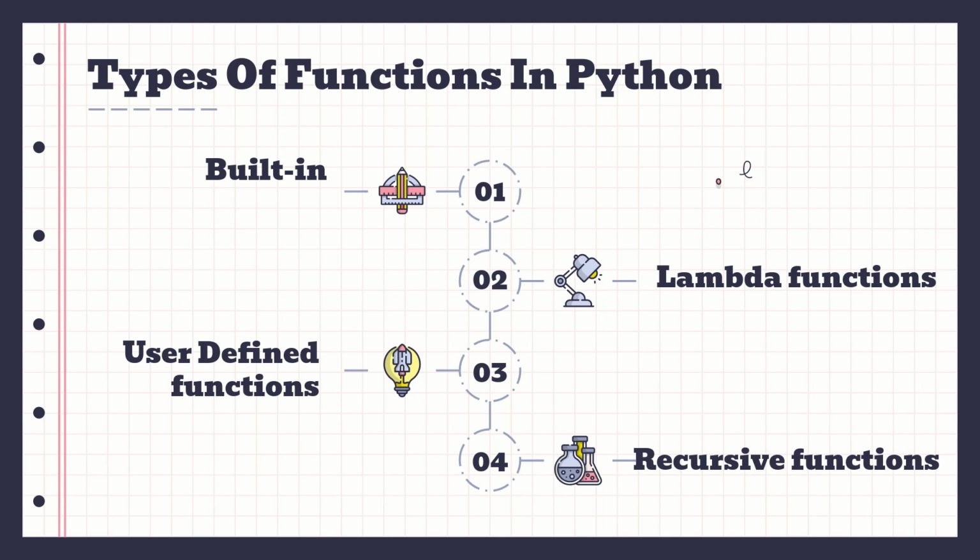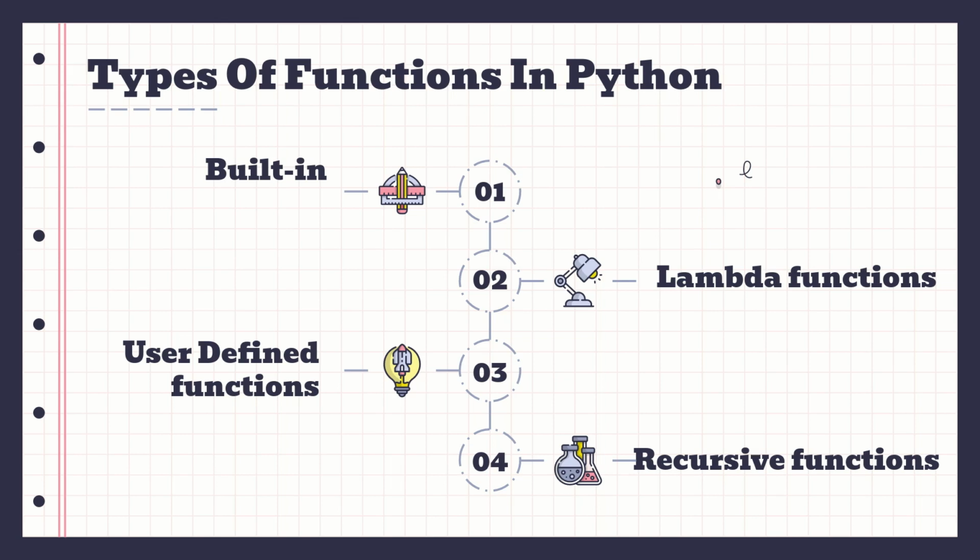In Python, they're called lambda functions. We're also going to be looking at user-defined functions and also recursive functions. Recursive functions, don't worry, a recursive function is just a function that basically calls itself. Don't worry, you will cross that barrier whenever we reach there. These are the four main types of functions in Python that we're going to be covering in this series.